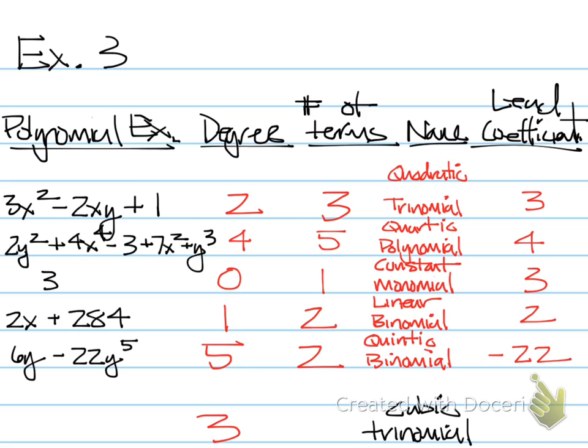The number of terms would be 3 since it's a trinomial. An example of what that type of cubic trinomial would look like would be x cubed plus 2x minus 1. And for that polynomial that I have listed, the lead coefficient is 1.